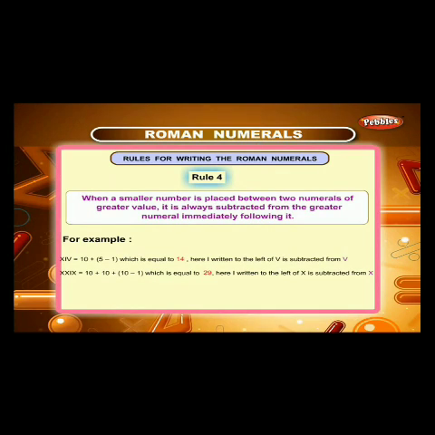Here, I written to the left of X is subtracted from X. CXXIV equals 100 plus 10 plus 10 plus 5 minus 1, equals 124. Here, I written to the left of V is subtracted from V.